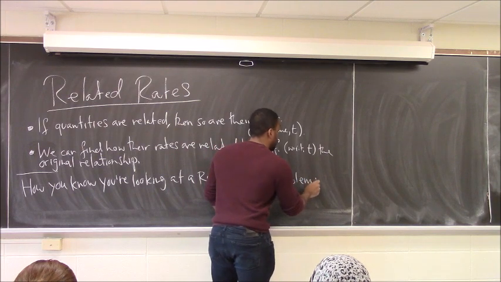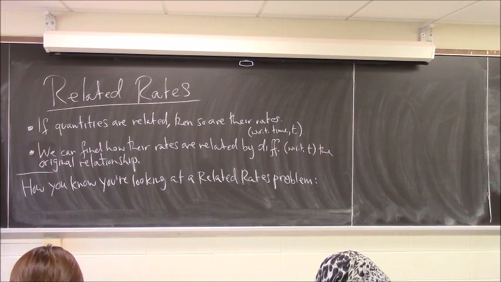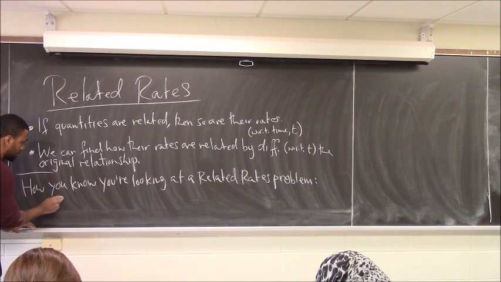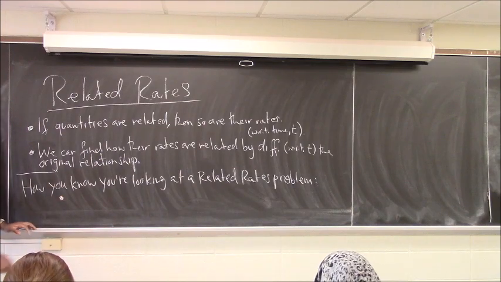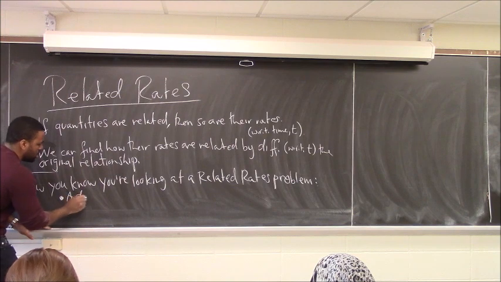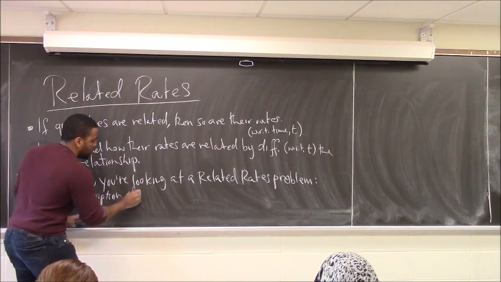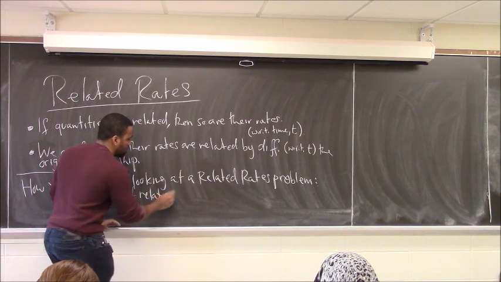Okay, so on your second test and your final, there will be several problems that are word problems. How you know when you're looking at this kind of word problem. And it's two things really. A description of related quantities will be given.